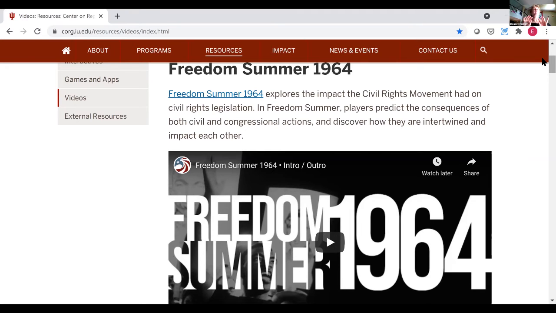So those have a lot of the visual analysis skills, the ability to look at the map or the chart or the political cartoon and read what you're seeing in front of you and draw conclusions, so that you don't necessarily have to have any content knowledge to be able to do your analysis. Freedom Summer is a little bit different.